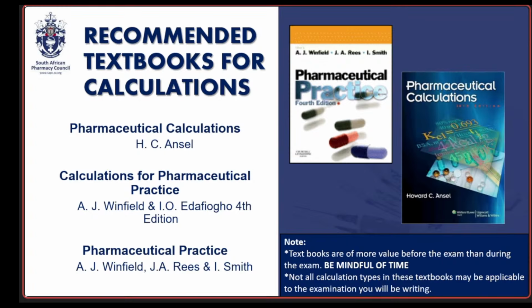Also, all the calculation types in these textbooks may not be applicable to the exam that you are writing. So if you are going to use these books, I would suggest you use them more for looking for examples and doing the calculations rather than as a resource or reference book during the exam. So use this for preparation rather than as a reference source.